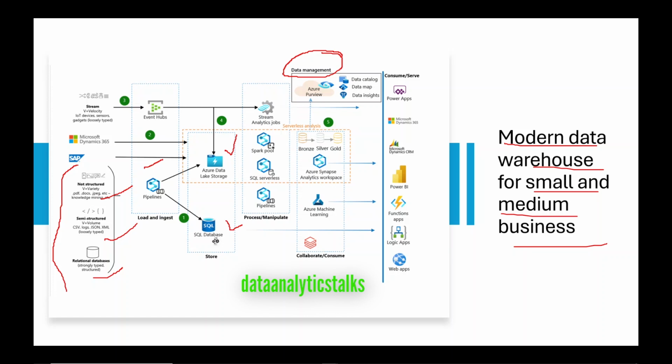Let me start with Azure Synapse Analytics pipeline. In some cases, these small and medium businesses have already invested in the legacy data warehouse architecture, so they need to bring that legacy warehouse into the modern warehouse, maybe a lift and shift scenario. For that, we have this Azure Synapse pipeline.